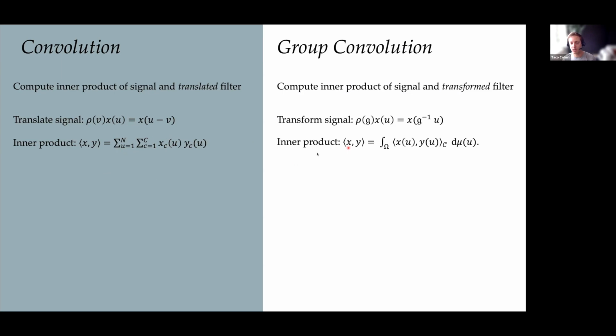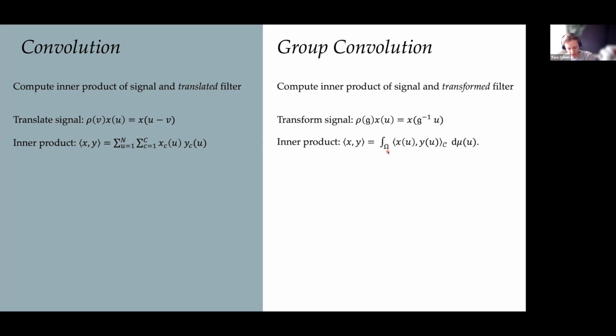And again, this was already covered in lecture 3, but in general, when we have a signal on some domain omega, we can define an inner product for such signals by integrating over the domain. In the case of a discrete domain omega, that would be a sum.